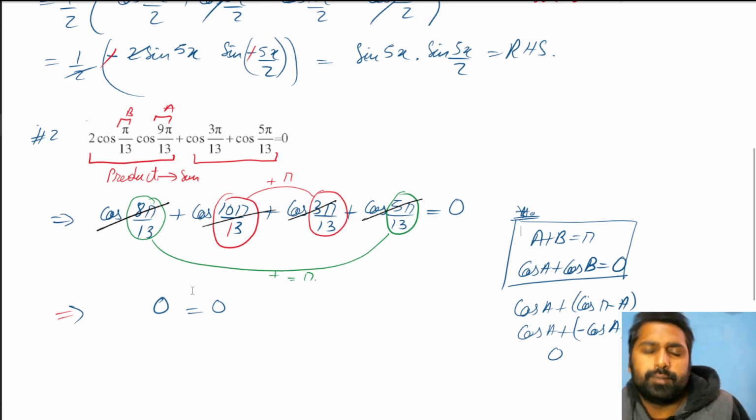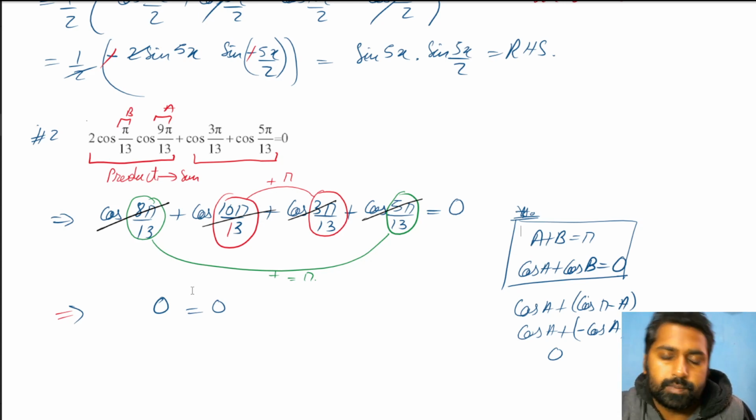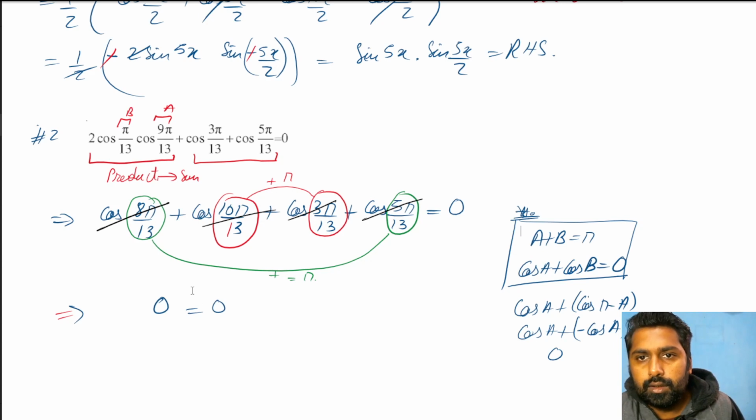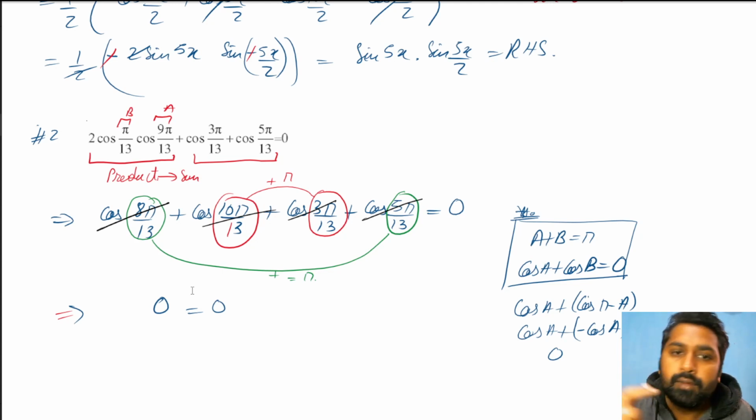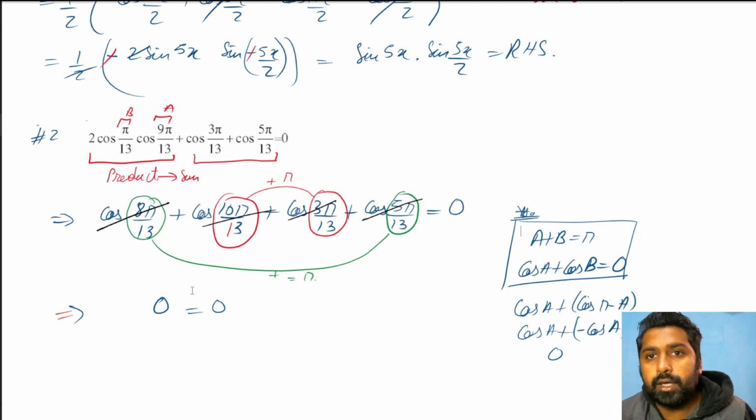So pretty much I'll say 90% of our properties are covered. No more new identities, but for the identities of cos, we have a lot of formulas. So I'll talk about the variation which is used in trigonometry, and that particular variation will be repeated in inverse trigonometry, in limits, and in your integration.